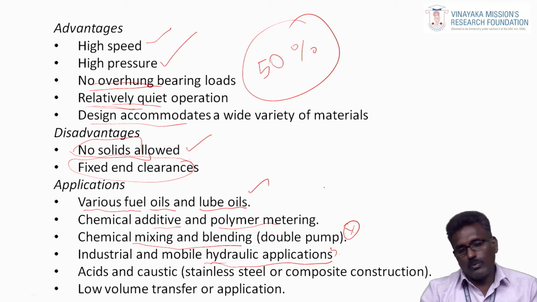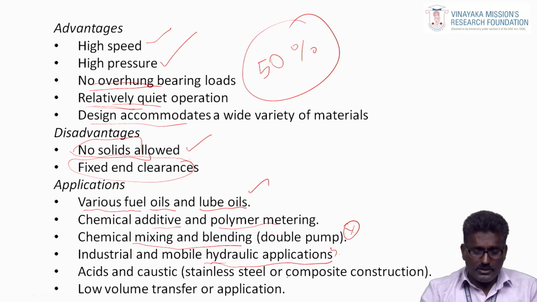So this pump works as a pump as well as an actuator. Also, most of these pumps have bidirectional flow; in both directions this pump is able to deliver the fluid. There is no fixed inlet or fixed outlet; based on the rotation of this pump it produces the delivery. This pump is also used for very low volume transfer applications.